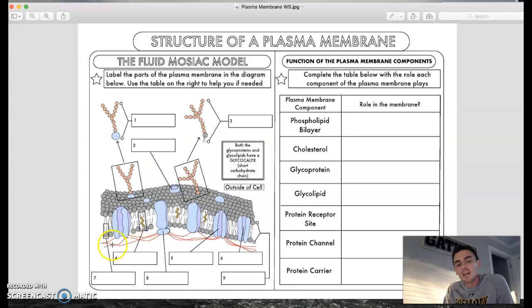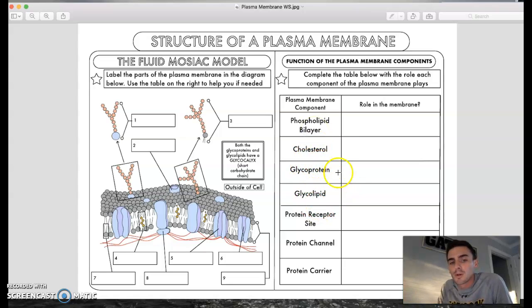So on the left, you'll see here's our phospholipid bilayer, and then we have all these little structures in it. So you guys need to look at them, and what you'll end up doing is using your Chromebooks and your textbooks if needed. And there's some things online that should help with this a lot, but we've talked about some of these things. We've talked about the phospholipid bilayer.